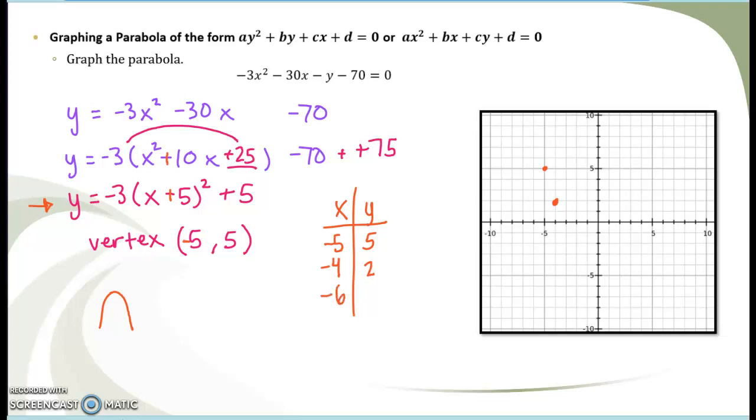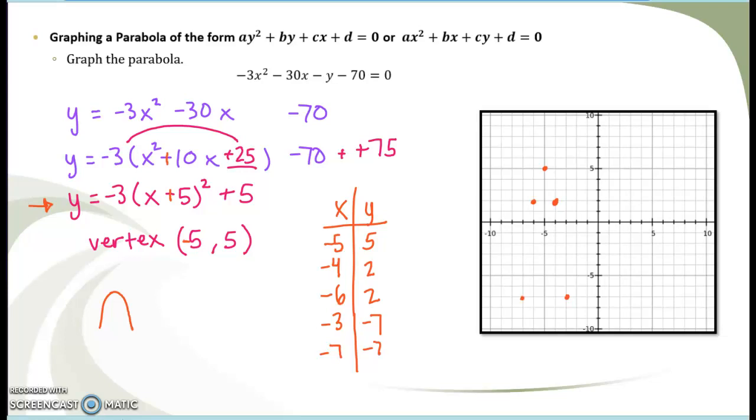When I plug in negative 6, I'll also get 2. So at negative 6, I'm at 2. When I plug in negative 3 for x, my y value is negative 7. So at negative 3, I'm all the way down here, negative 7. And then when I plug in negative 7, I will get a negative 7.